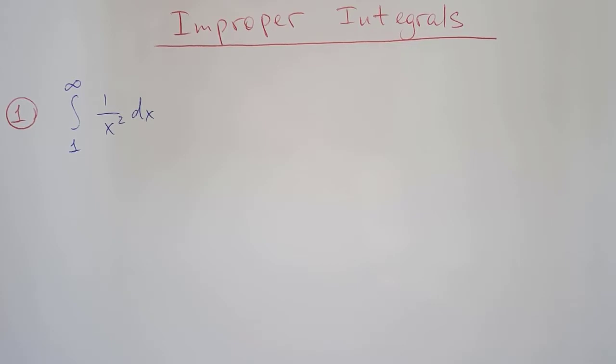However, we have infinity, and it's not a real number. We cannot just integrate as normal. So how do we integrate such kinds of integrals? This is an improper integral of the first kind.